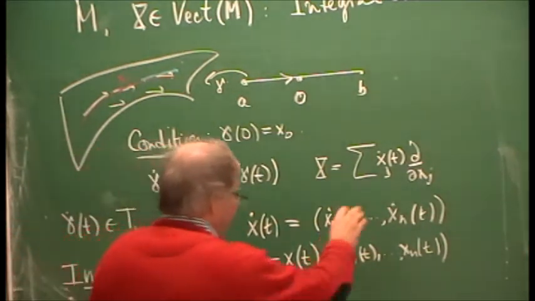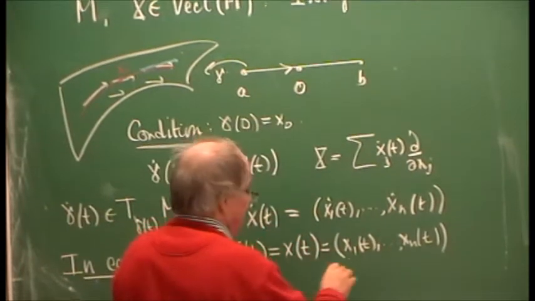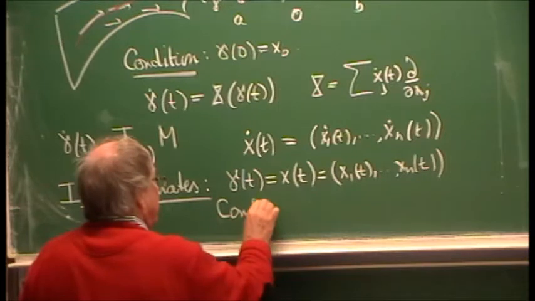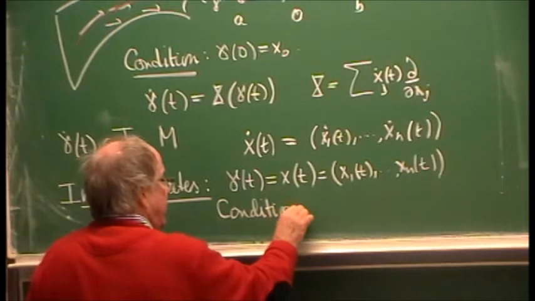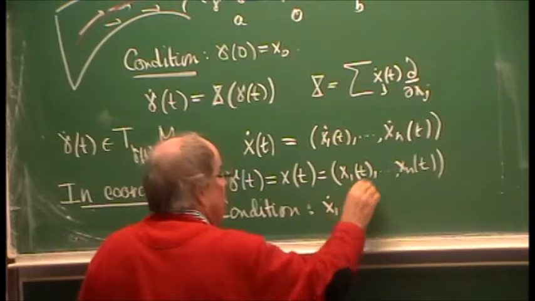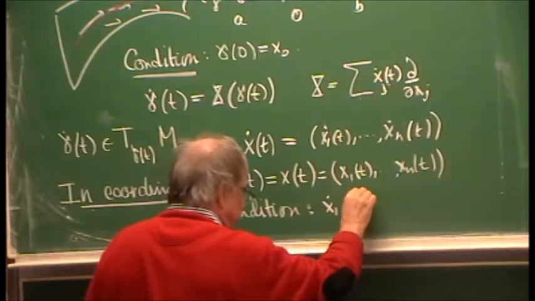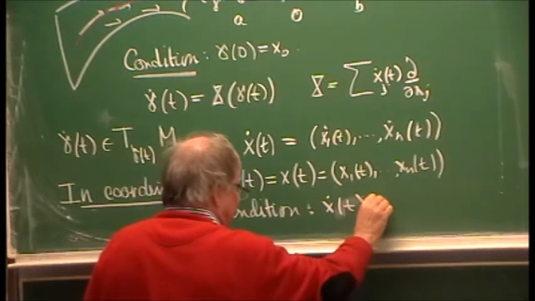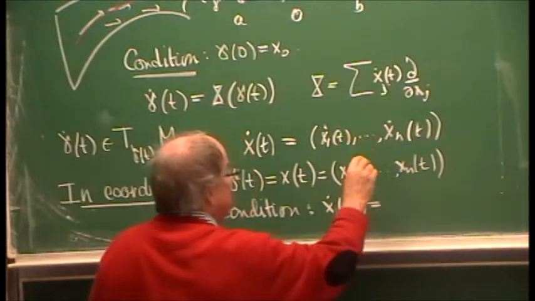This is the condition, of course, in these coordinates. So the condition becomes, we did this last time, but I'm just reviewing it, that the velocity vector has to equal the coefficient vector of the field. The velocity vector at the point t equals the coefficient.